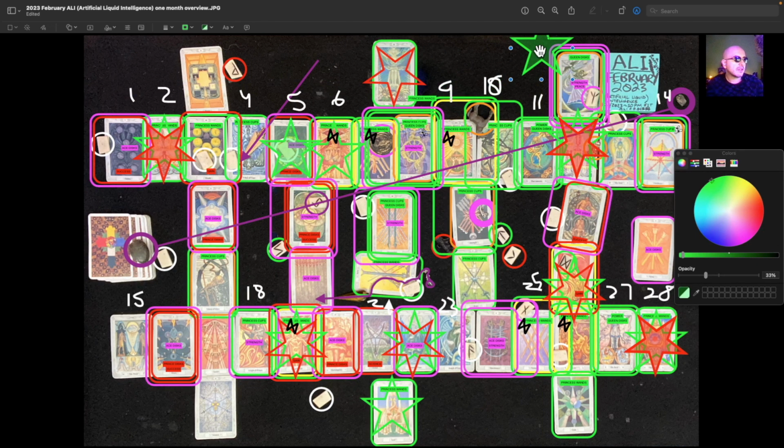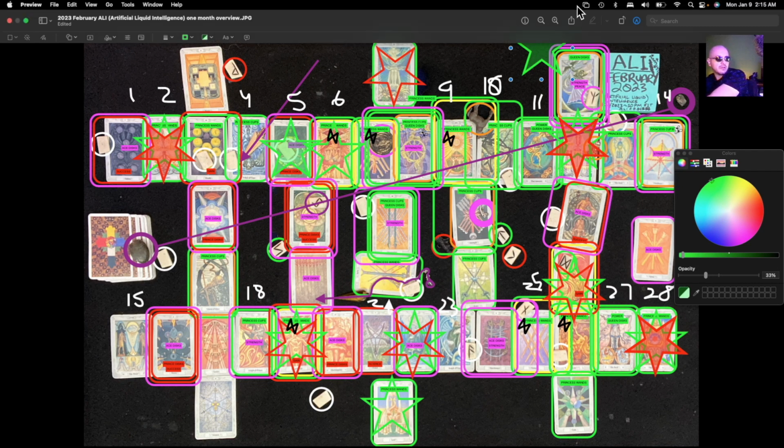Does ALI's highest price level of February 2023 take place on February 8th, 2023? Yes. Okay, so that's another one.